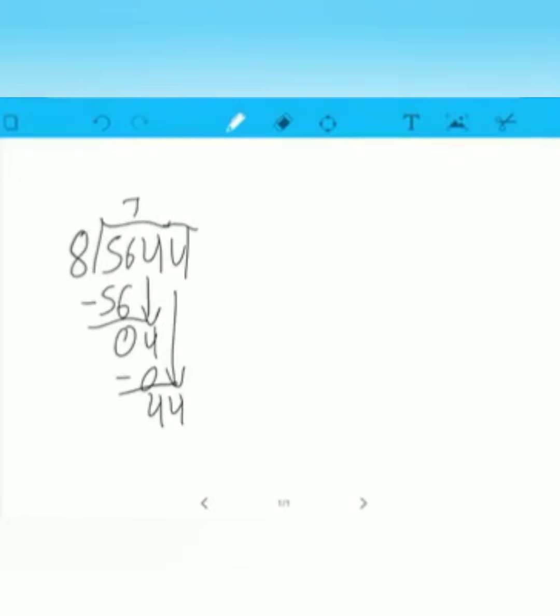And now we know that 4 is actually half of 8. So we can write it as 0.5. So if you want everything to be in your quotient and not have a remainder, you can just convert into decimals.